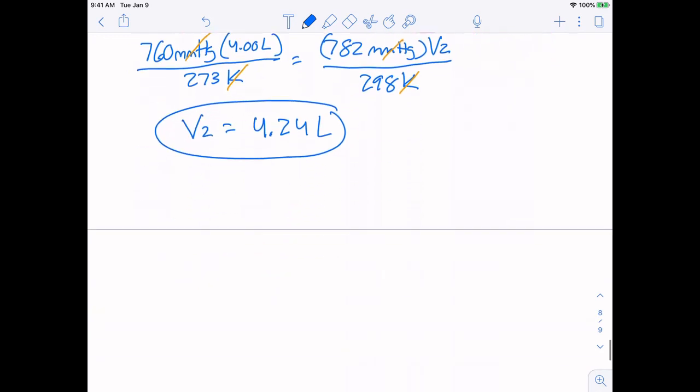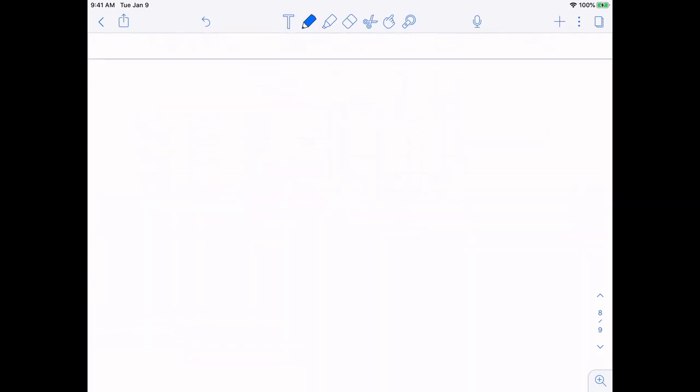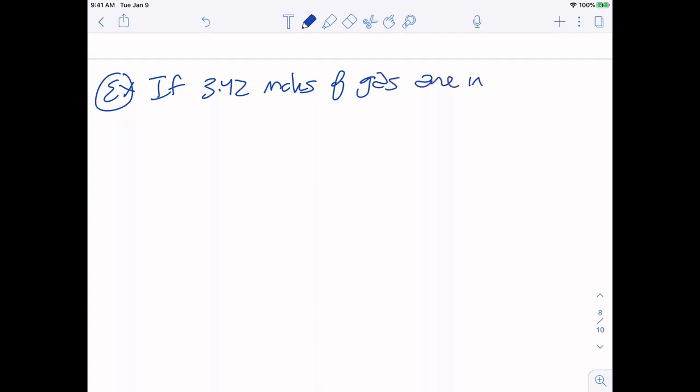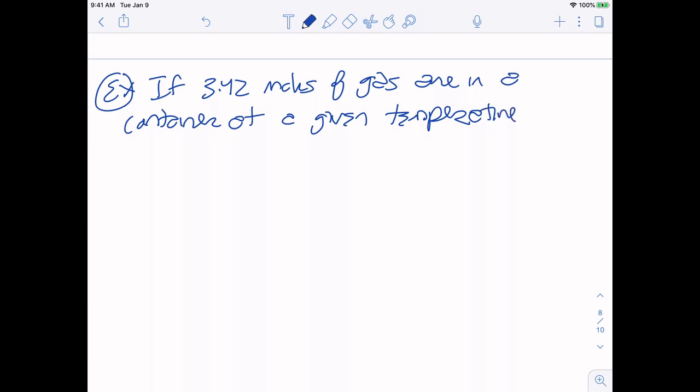So we'll do one more where we kind of have to make our own equation based on the ideal gas law. So an example for us: if 3.42 moles of gas are in a container at a given temperature, its pressure is 1.73 atmospheres.